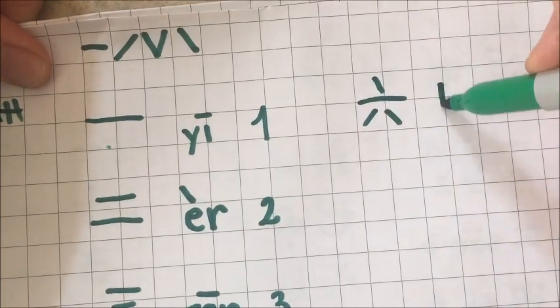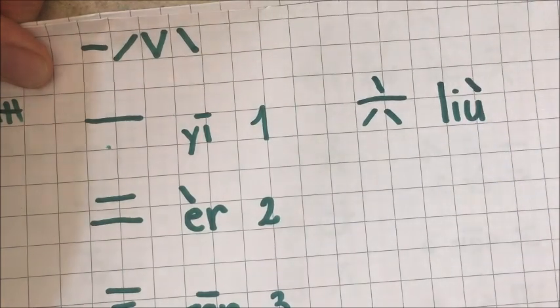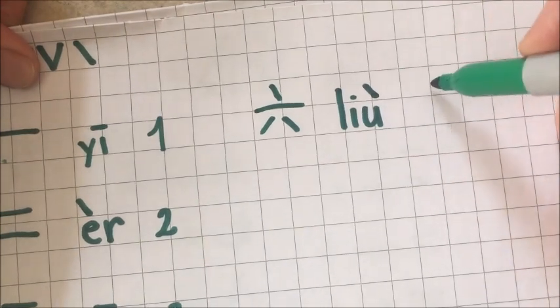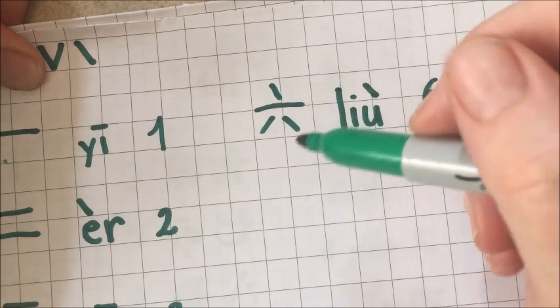And it's pronounced Liu. Let's go and have a look at number 7.